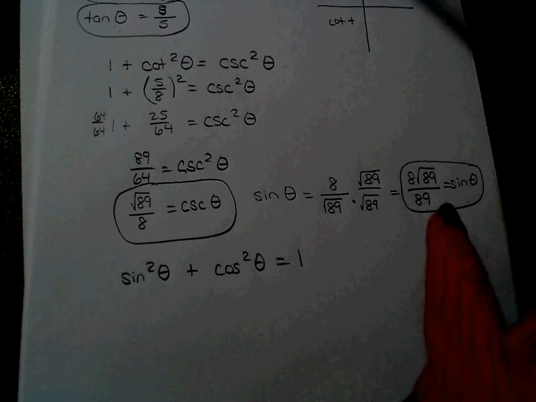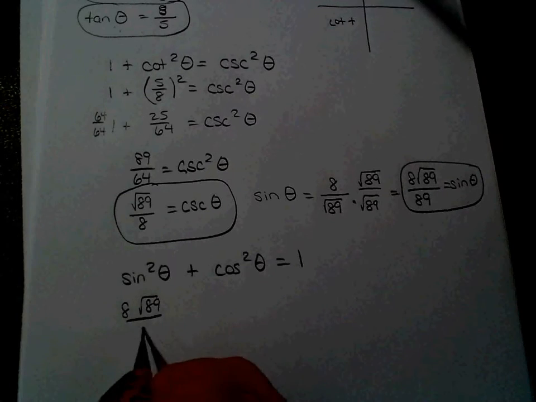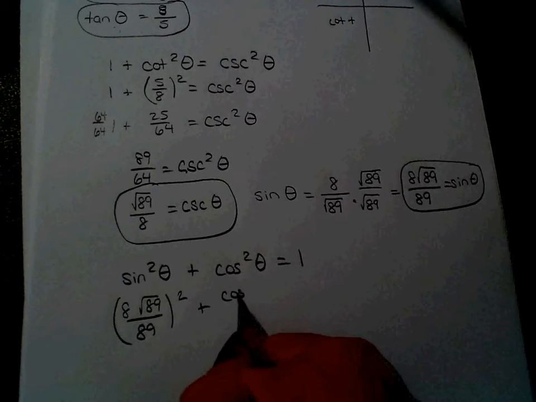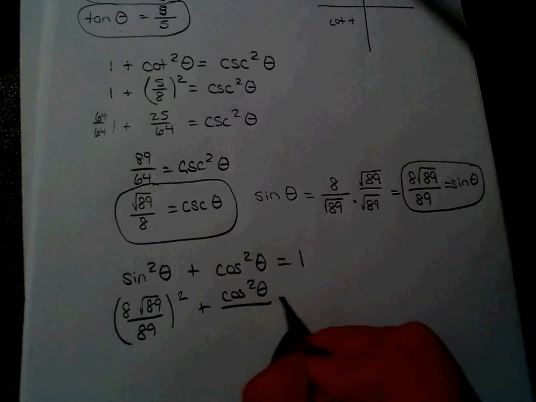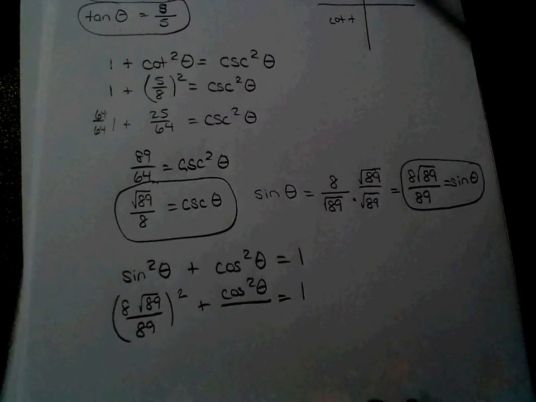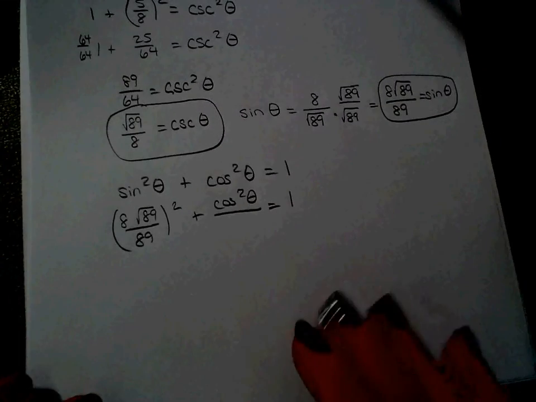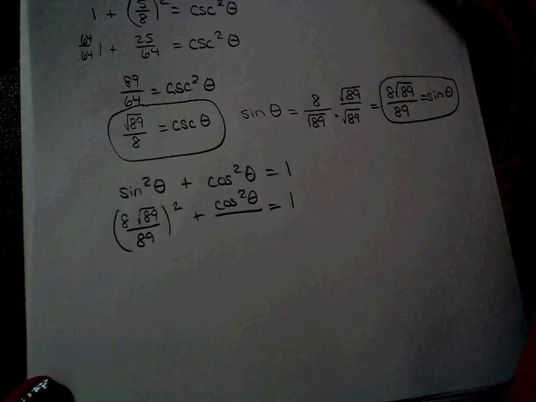Okay, so I've got to square this. I was forgetting which one I'm going to have to get a common denominator on. Okay, so to square this, I'm going to square 8, which is 64.